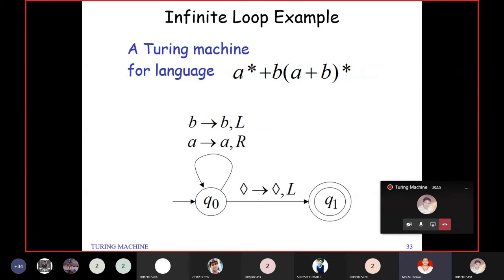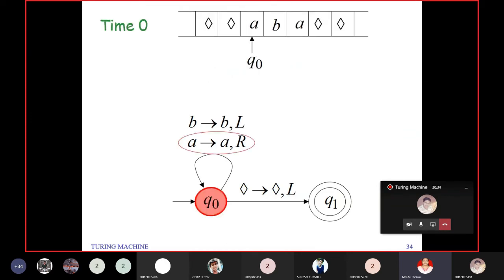So now here you have a Turing machine designed to accept A star plus B into A plus B the whole star. What is the meaning of this language? Either 0 or more A's, or a string which starts with B and is followed by any string of A's and B's. Okay. Suppose you want to check whether the string ABA is accepted or not.